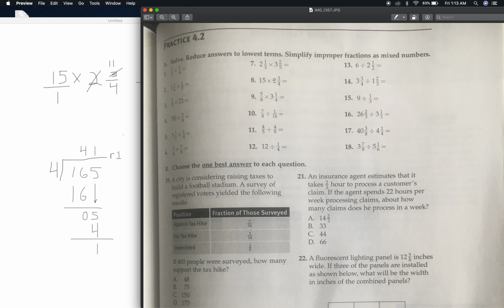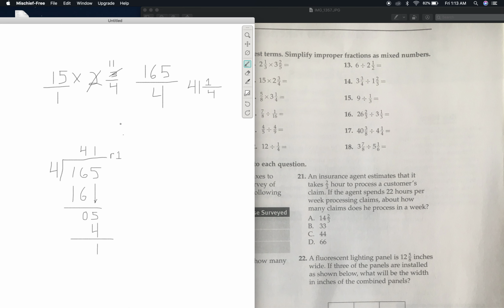Okay, now we're going to do 4 of these, 11 and 12, and probably, well, I'll decide as I go. Let me erase this.